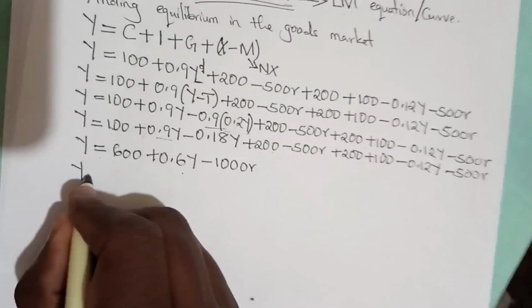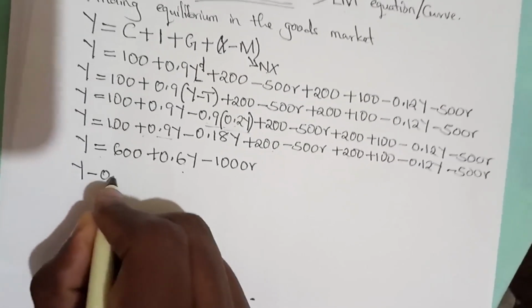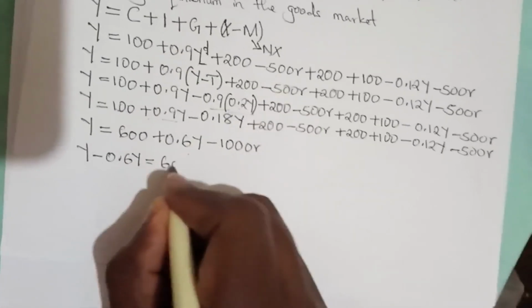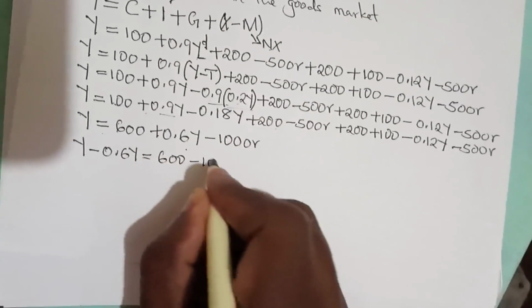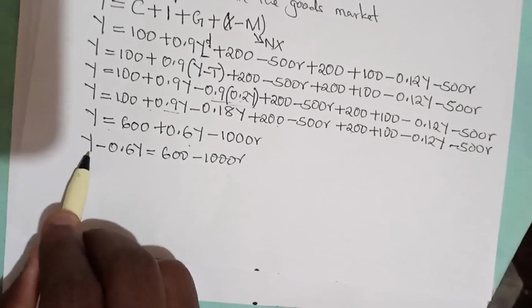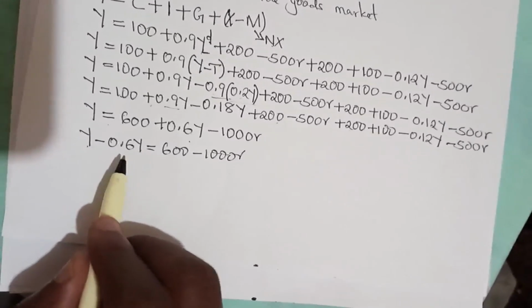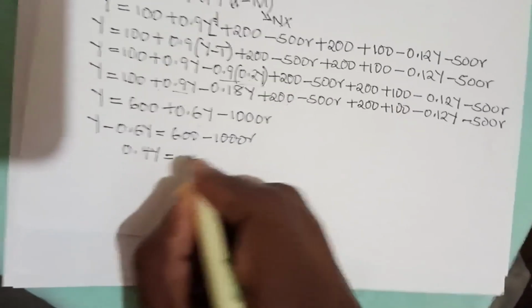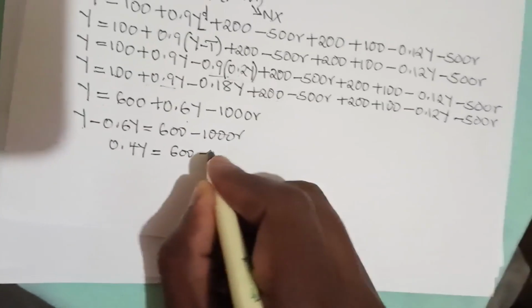So you will have Y minus 0.6Y equals to 600 minus 1000 R. So this means that it is Y minus 0.6Y, which you're going to get 0.4Y equals to 600 minus 1000 R.